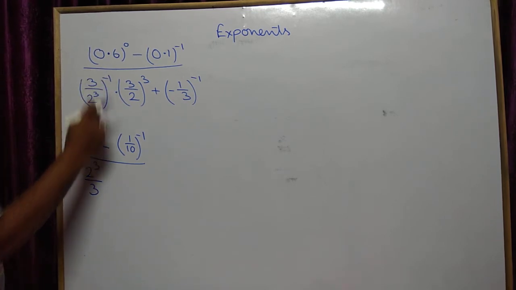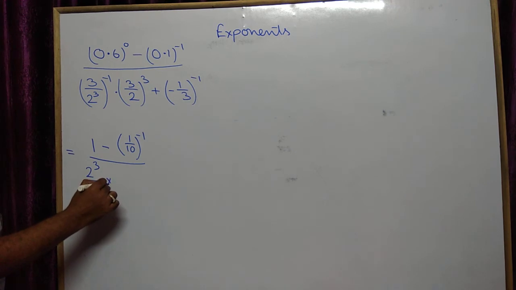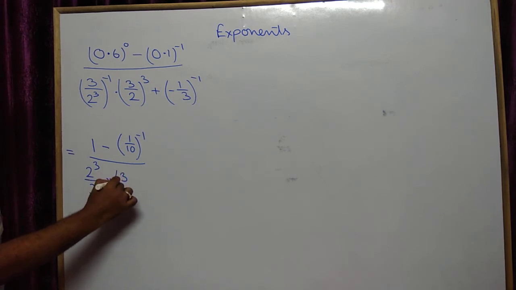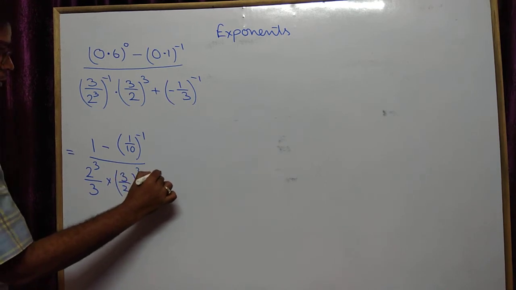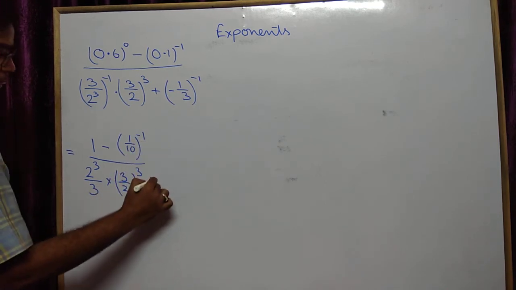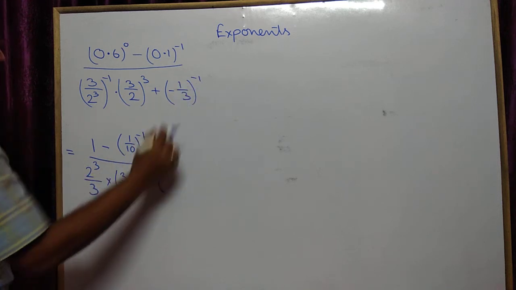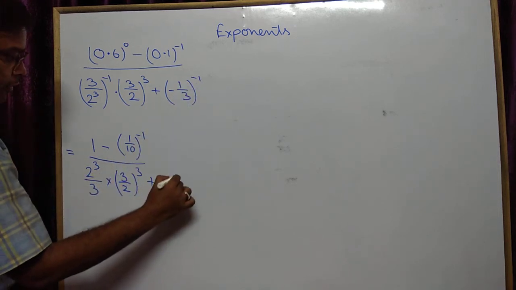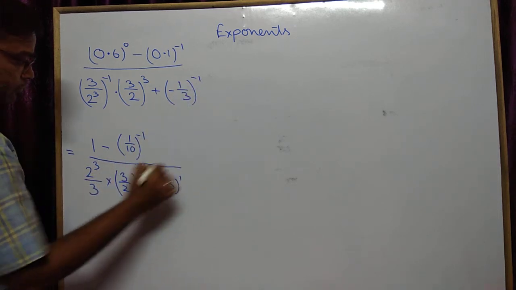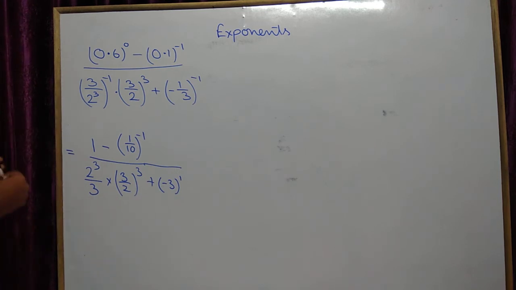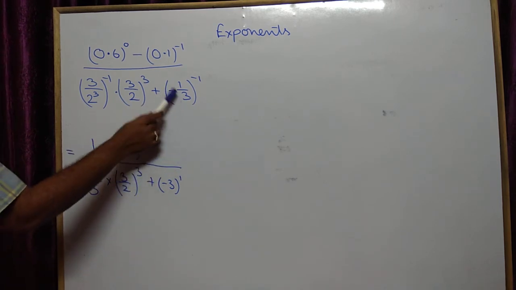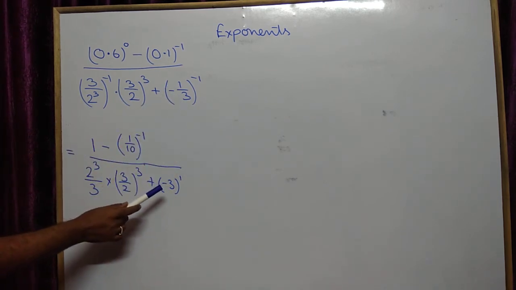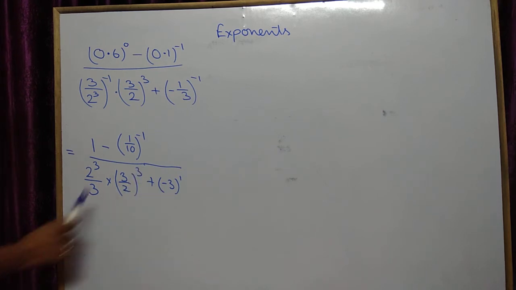The minus sign goes to plus sign within the bracket: 3 upon 2 whole to the power 3, plus, the minus sign is there, so we can write minus 3. It's plus 1. Remember, here we change the sign from minus 1 to plus 1 by reciprocating the base. Here it's minus 1 upon 3. When we reciprocate, it's minus 3.